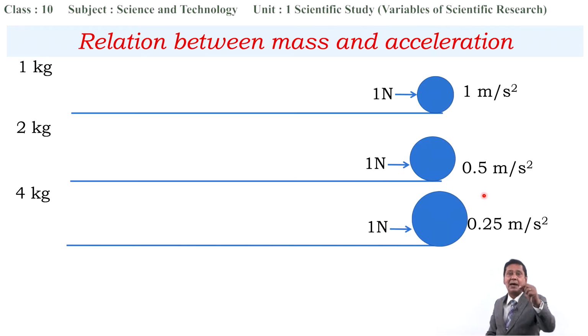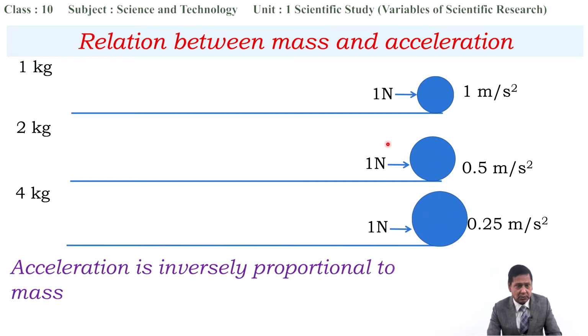That's why mass is independent, but acceleration is the dependent variable. And in this experiment, what is not changed? Force. The same amount of force is applied in the first, second, third, all the cases. That's why force is the controlled variable.